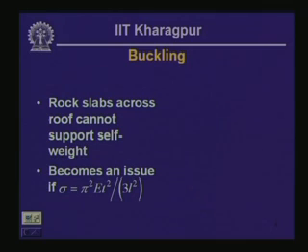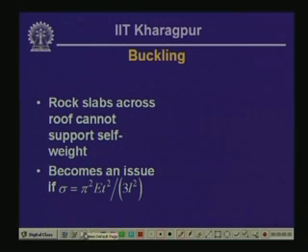In this case, the roof slabs cannot support the self weight, as was the case when we were discussing the horizontal bedding, but the problem is accentuated because of the direction of the major principal stress, or the confining stress. If I want to illustrate this problem, let me draw a sketch.